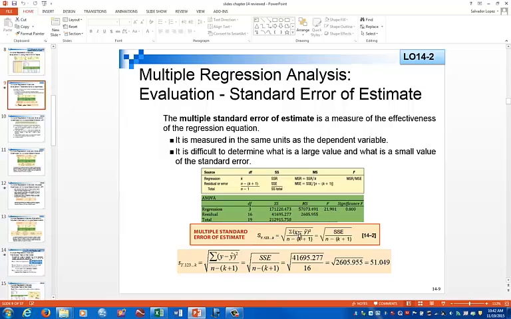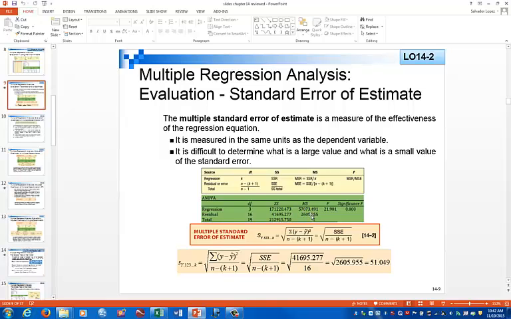And the errors, if you notice in the numerator here, the errors committed in the regression equal the actual values of y minus the estimated values of y. Then you calculate the standard error of the estimate by taking the square root of the MSE, which is shown right here.